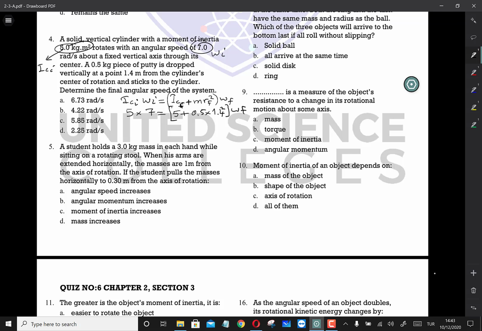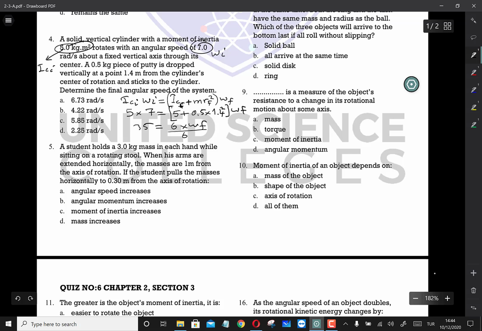Now let's calculate inside the bracket. 0.5 multiplied by 1.4 squared plus 5 is equal to 5.98, almost 6. So 5 multiplied by 7 is 25. 25 is equal to, inside this bracket, almost 6 multiplied by omega final.